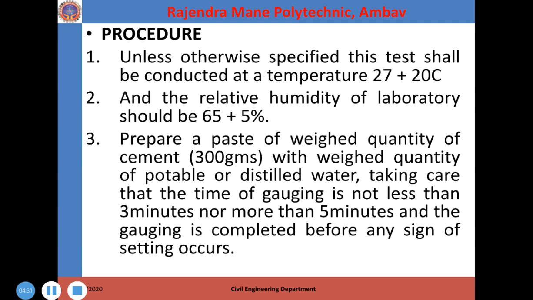Prepare a paste of a weighed quantity of cement, 300 grams, with a weighed quantity of potable or distilled water, taking care that the time of gauging is not less than 3 minutes nor more than 5 minutes, and the gauging is completed before any sign of setting of cement.